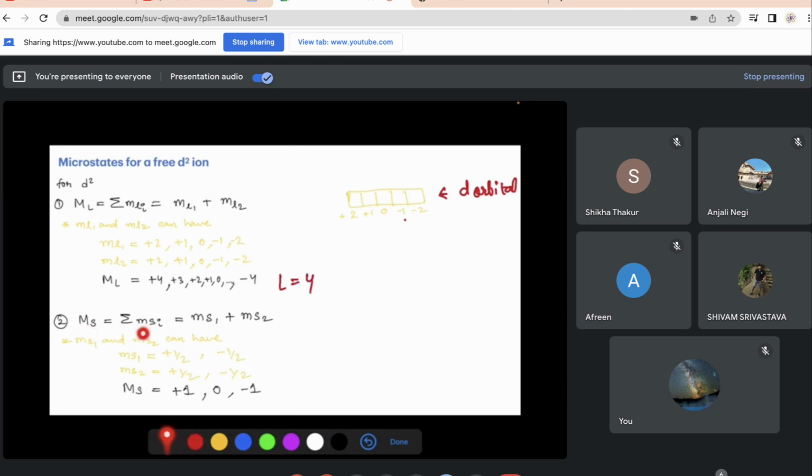And MS is the summation of ms_i, which is ms1 plus ms2. Each can have the value from plus half to minus half, so my total spin quantum number is plus 1, because it is the maximum of MS. So my S is 1, and my MS goes from plus 1 to minus 1.